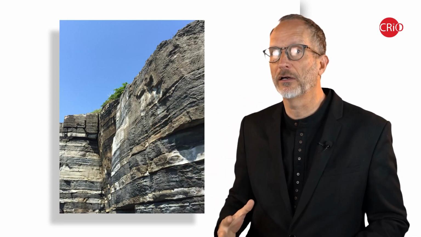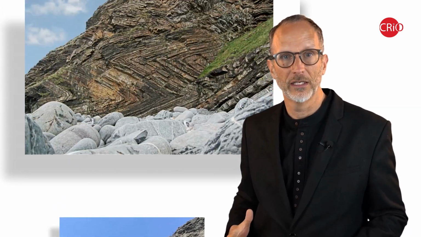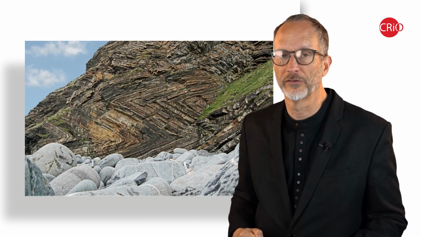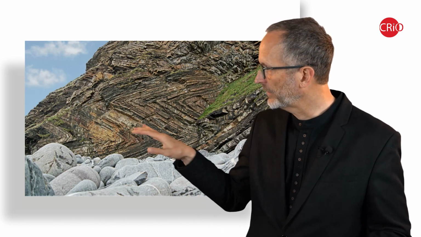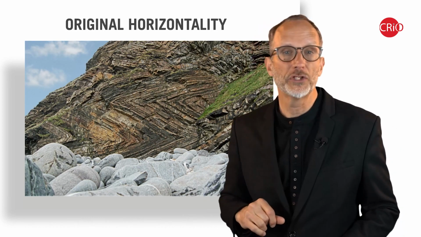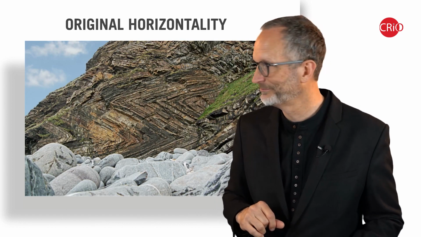If you find that they are not horizontal in some layered rocks someplace that are obviously sediments, then change has occurred since they were formed. Now that idea is known as original horizontality.